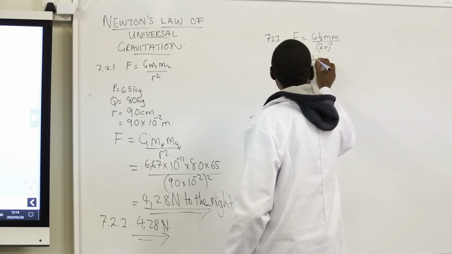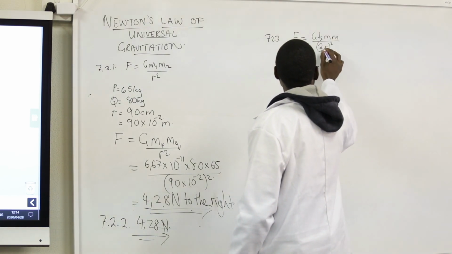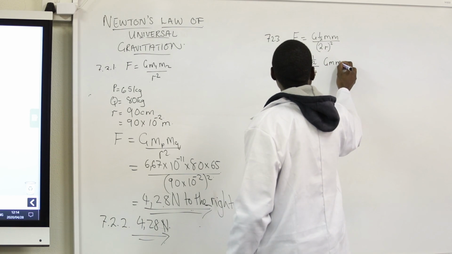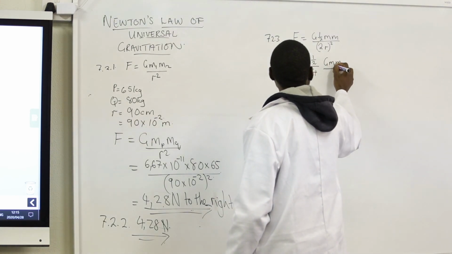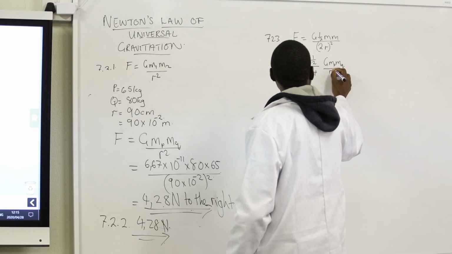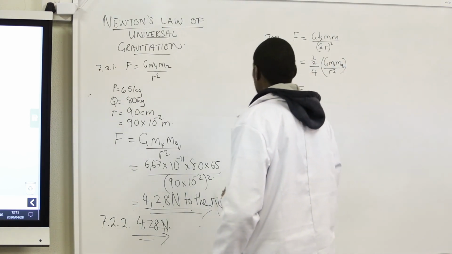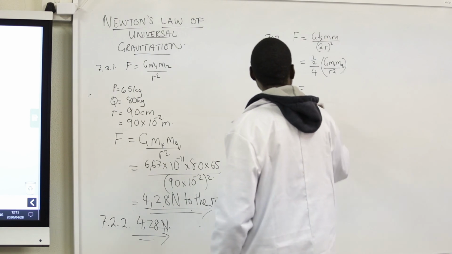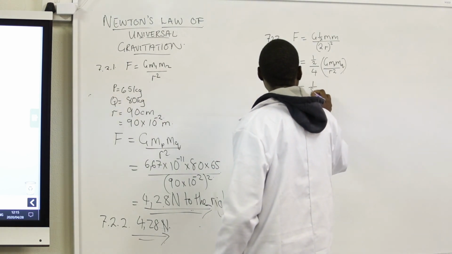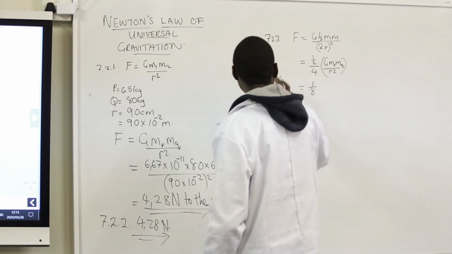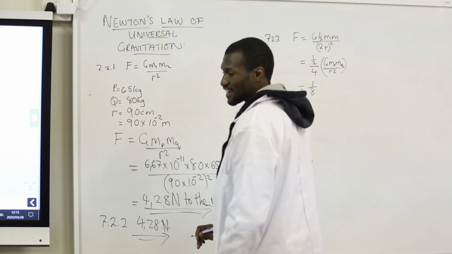What is going to be my new F? It's going to be a half over 4 G M M, that's PQ, over R squared. In other words, a half divided by 4 is going to be 1 over 8. Now 1 over 8 of what? 1 over 8 of the original answer.